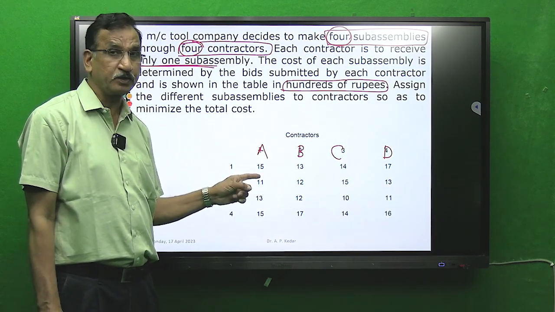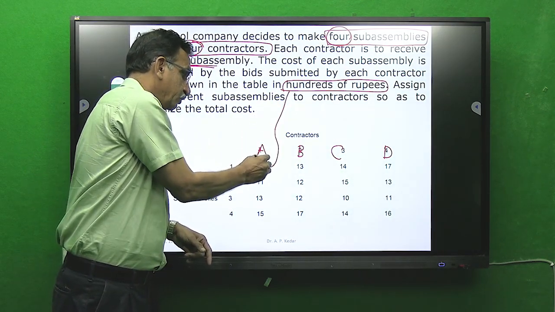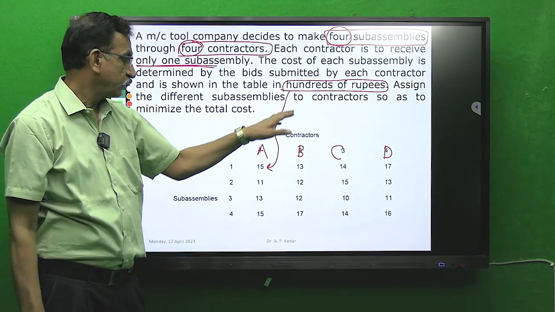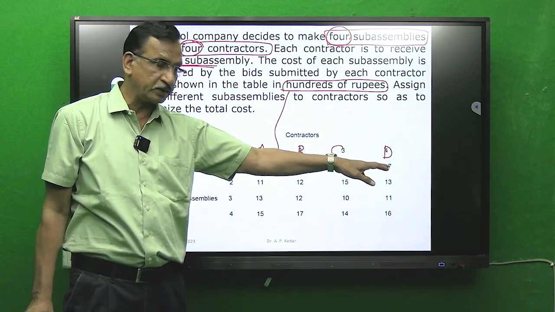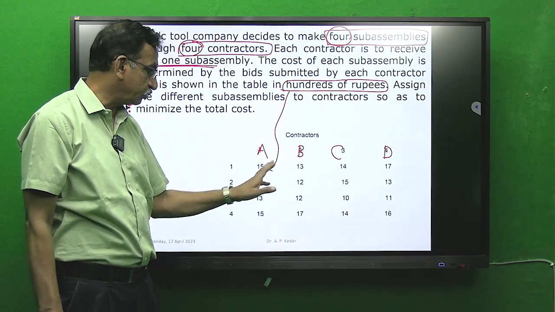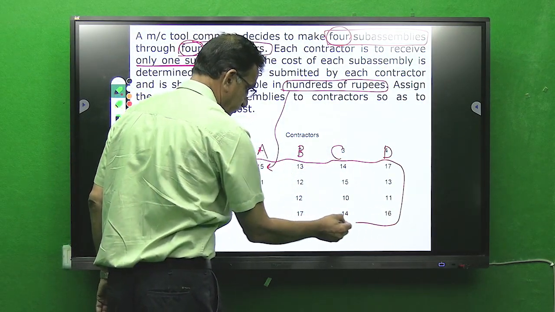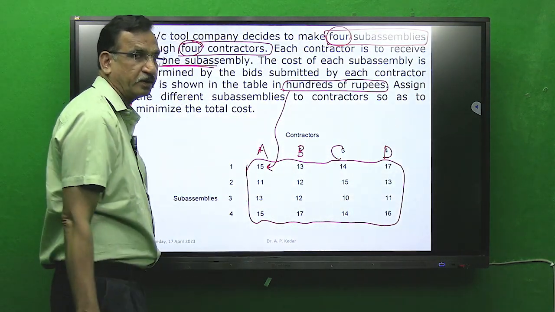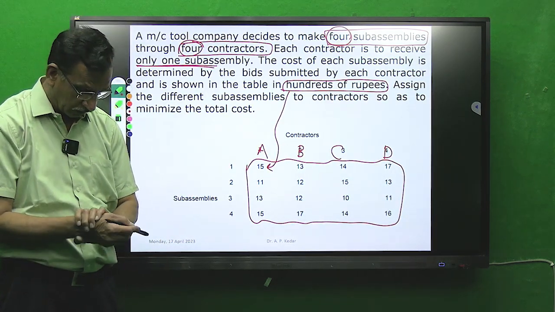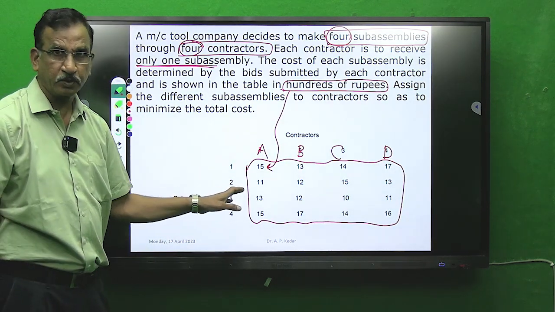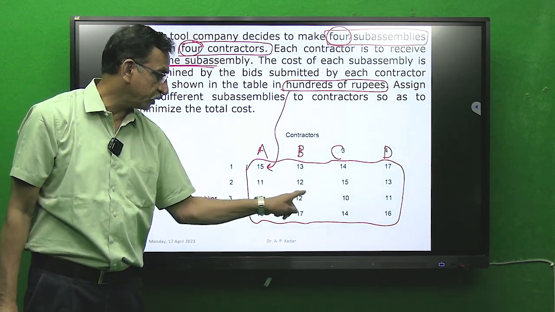It is not 15 rupees, it is 1500 because it is given in hundreds of rupees. Likewise this is 1300, this is 1400, this is 1700, meaning all these values of the matrix are multiples of 100. Got it? So 1700, 1400, 1200, like that.